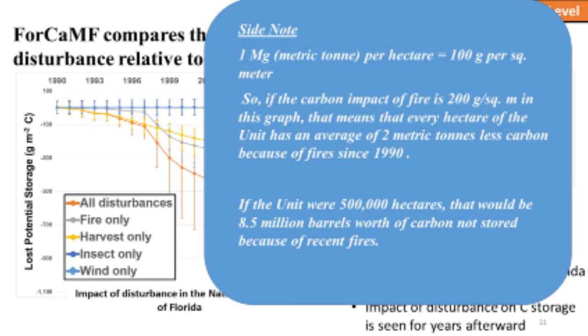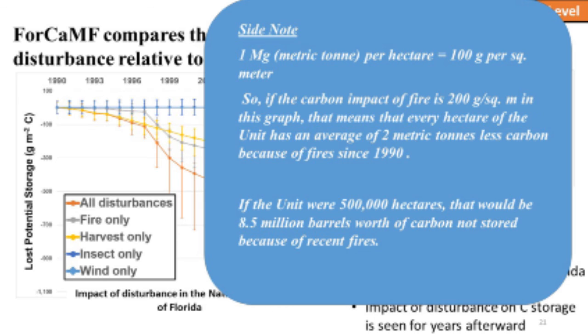But I think we've given you the conversion factors you need to go from that to metric tons, and then from metric tons to barrels of oil. So, for instance, on the y-axis in this graph, if you see 200 grams per square meter, that's also equal to 2 metric tons per hectare. And you can get these conversions also, by the way, just typing them into Google.